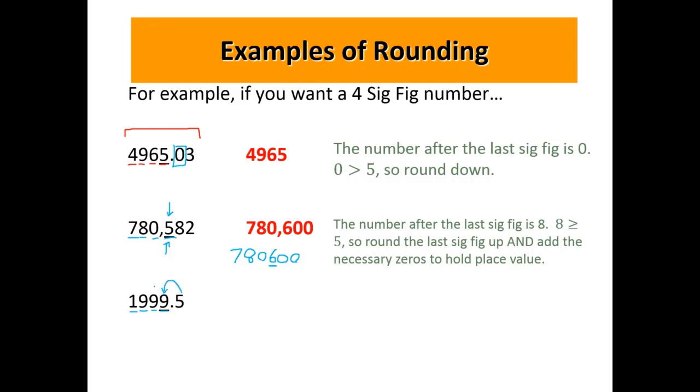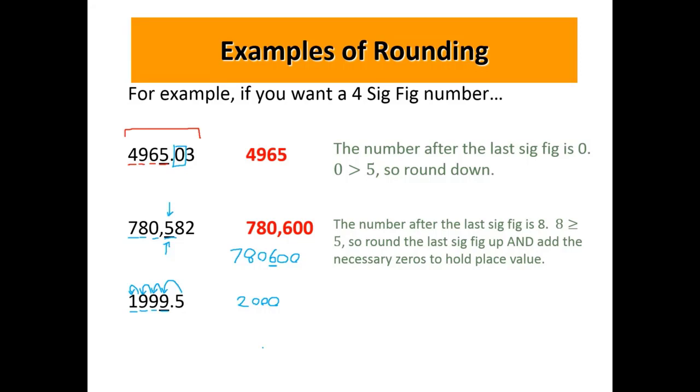This is going to round this up, which causes this to get rounded up, which causes this to get rounded up, and you end up with 2,000. Now, is it just 2,000? Is that how I would write it? I think so.